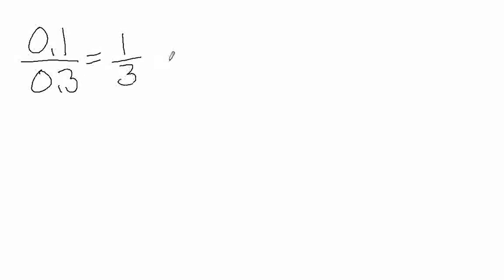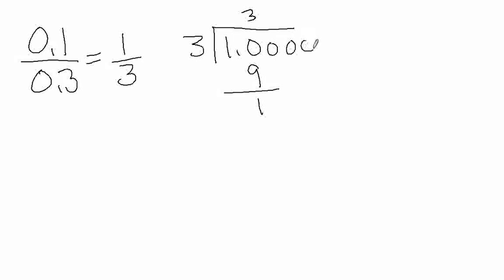So for example, if we divided 0.1 by 0.3, we could convert that to 1/3, and then we could divide 3 into 1. And what we would notice is that we would keep getting 1s.